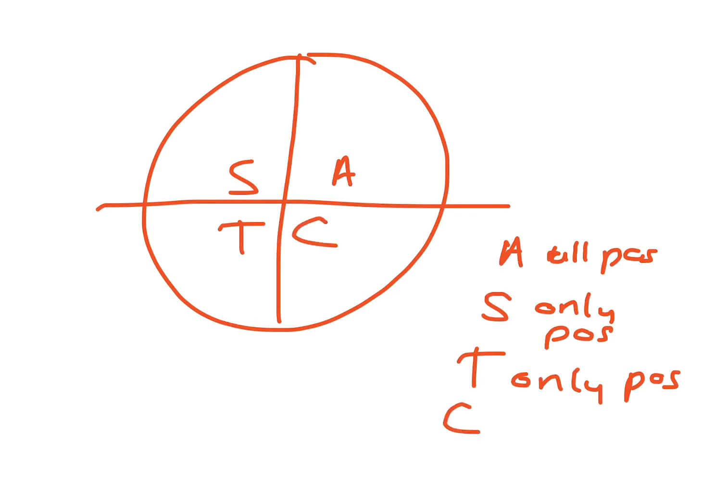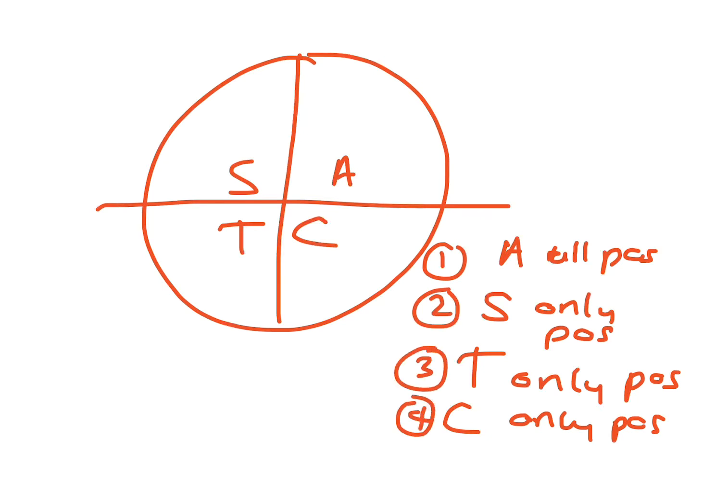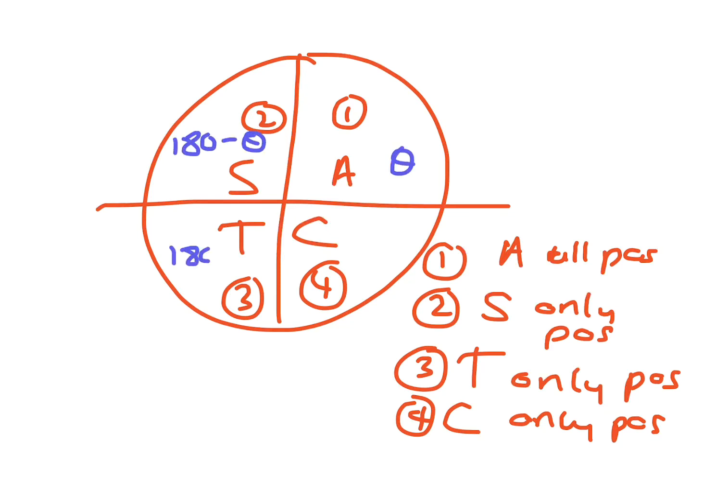And cos only in that one. So it's quadrant 1, 2, 3, and 4. So in this quadrant here, the angle was just theta. This one here was 180 minus theta, 180 plus theta, and 360 minus theta.